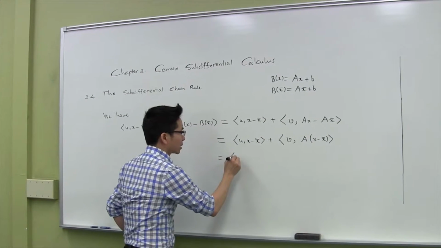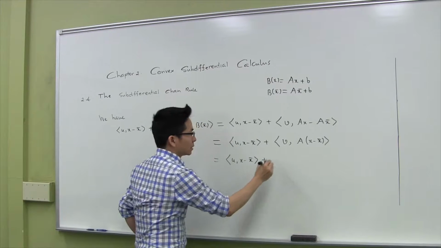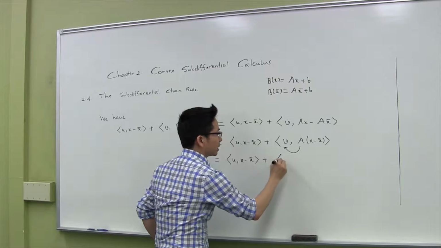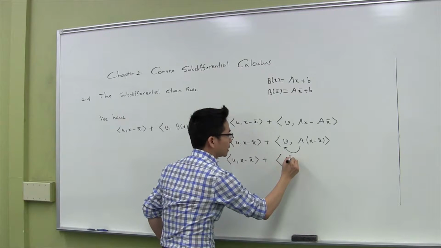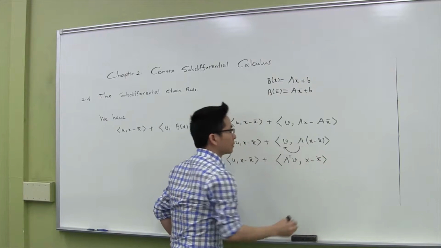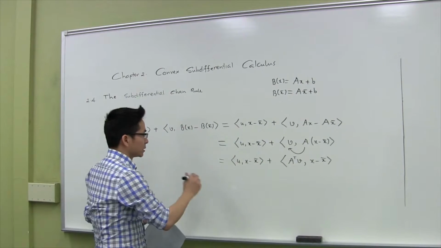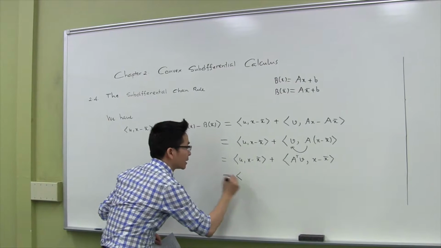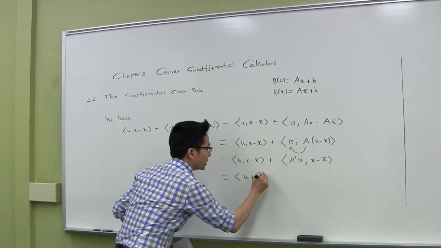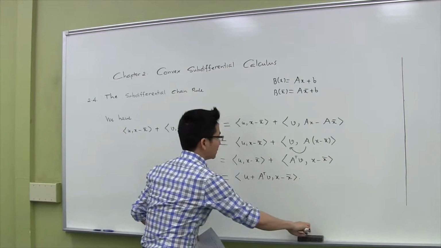This is the inner product of u and x minus x bar plus, note that this is equal to the following, the inner product of the transpose of A times v and x minus x bar. This is a very familiar formula from linear algebra. So then we have the following. This is the same as the inner product of u plus the transpose of A times v, and x minus x bar. Okay?